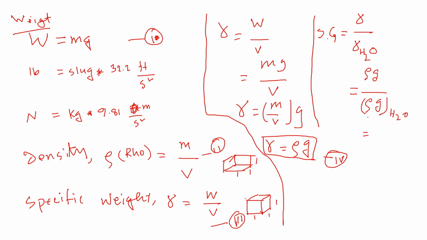As you can see, if we are living in the same place, the g constant is the same, so you can simply write rho by rho of water. So that would be equation number 5. These are some basics of fluid power that we're going to study in this class.